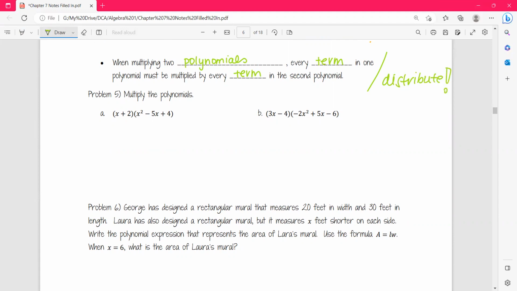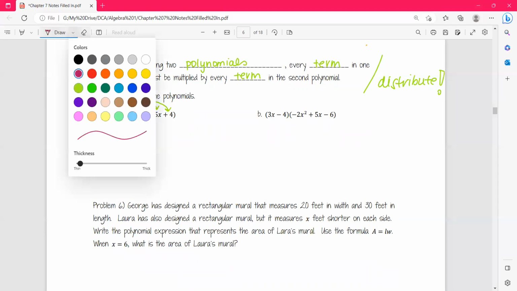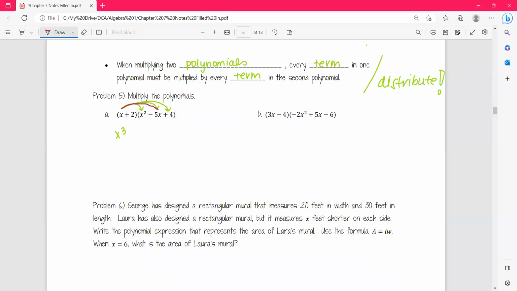Okay, so again, notice when I do these arrows, and you should do the same, x times the x squared times the negative 5x times the 4. And let's do that. X times x squared is x cubed. X times negative 5x is negative 5x squared.